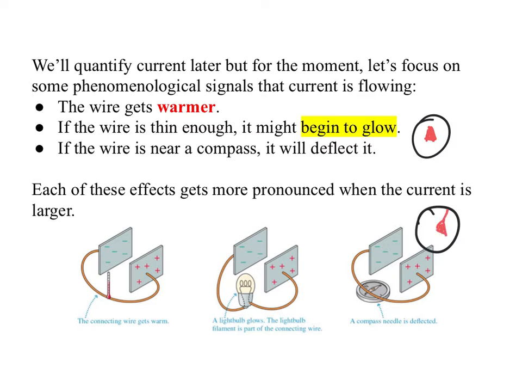Instead of pointing like that, it'll deflect by some amount. And that has to do with the magnetics, and we'll defer talking about that for quite some time, but it is a reliable indicator of current. And each of these effects gets more pronounced when the current is larger. So if you push more current through a wire, it gets warmer, it glows brighter, and it will deflect the needle even more.